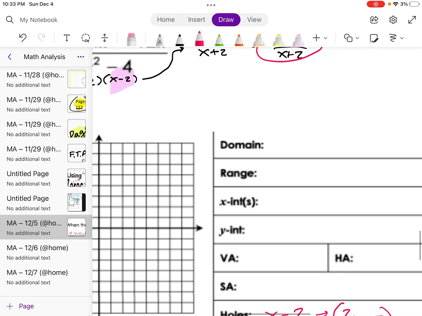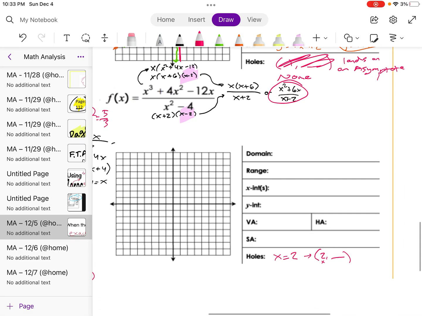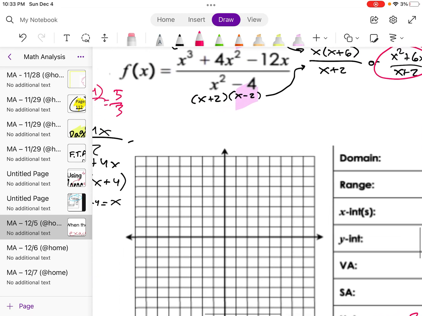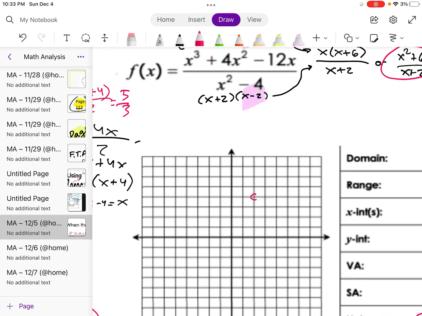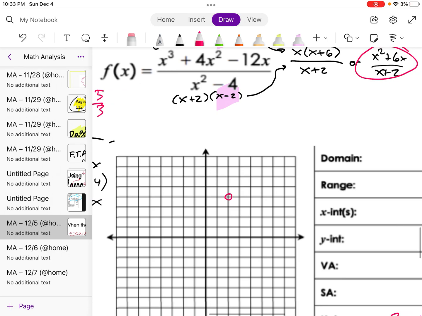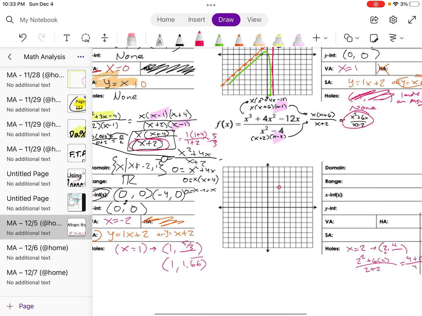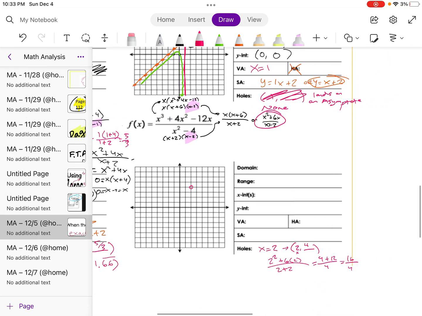I'll have to put into the function 2 comma something. So we're going to plug a 2 in for x. I'm going to use this one. So we get 2 squared plus 6 times 2 over 2 plus 2. 4 plus 12 over 4, 16 over 4, we get 4. So right off the bat, 2, 4, we have a hole.